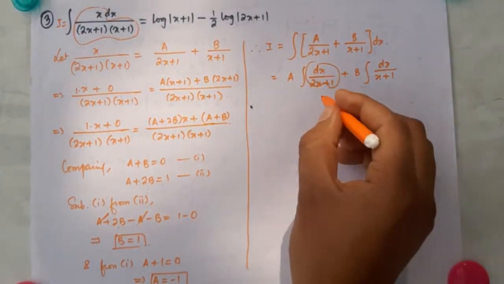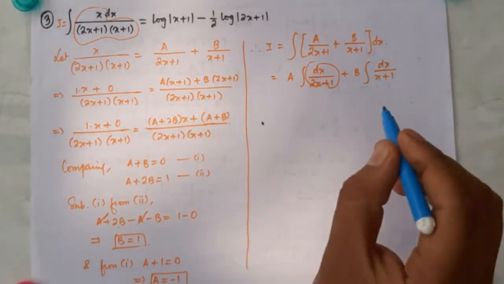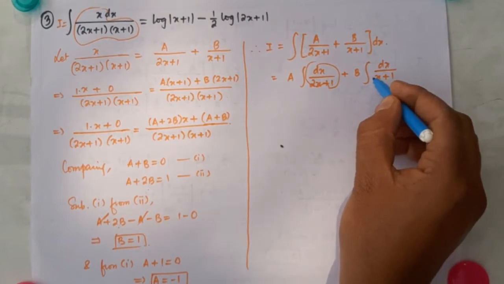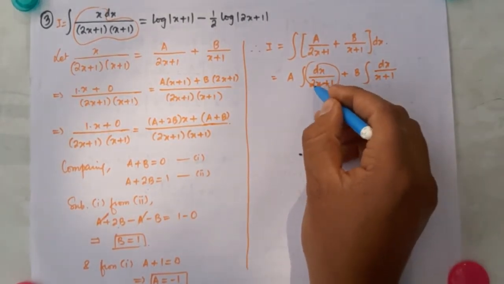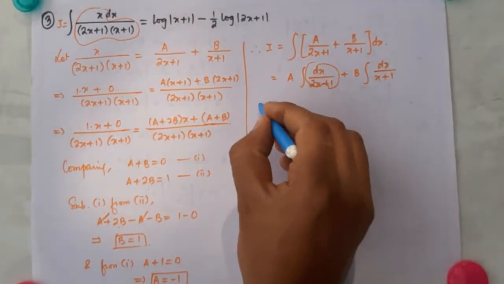Now to do this integral you have to make some substitution. See, make sure that whenever you do integration using partial fractions, the coefficient of x is 1, plus 1, not negative also, but here the coefficient is 2. So if you want to make this 1, you have to again do substitution, and the substitution is very easy.